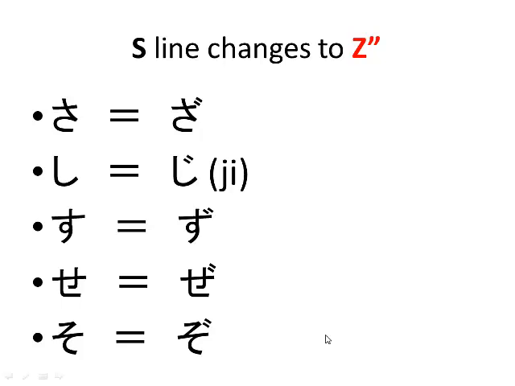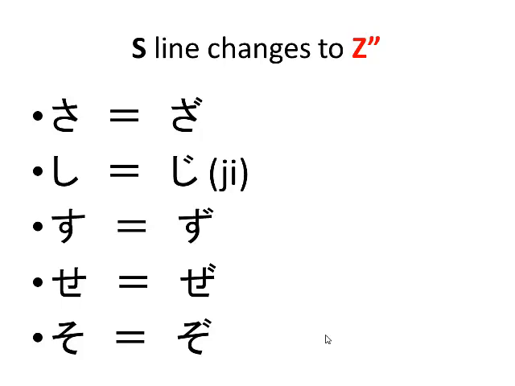The S line. With the S line, you're looking to change to a Z sound. So sa will become za. Shi will become ji. It doesn't actually become a Z sound because there's no Z sound in shi. This is the Fuji, the word I mentioned before. This is the way you would write ji for Fuji. Su will become zu.